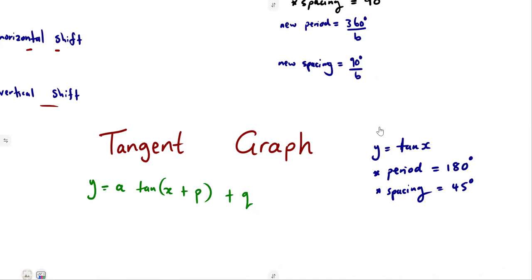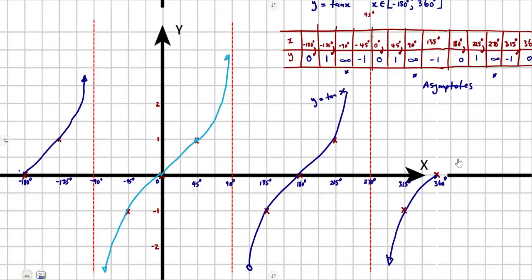So what is important? The shape of the graph, and to understand the interval that you're given. And on the domain, x cannot be the values of what? They are asymptotes. At 90 degrees, x cannot be equal to 90 degrees. At 270, x cannot be equal to 270.